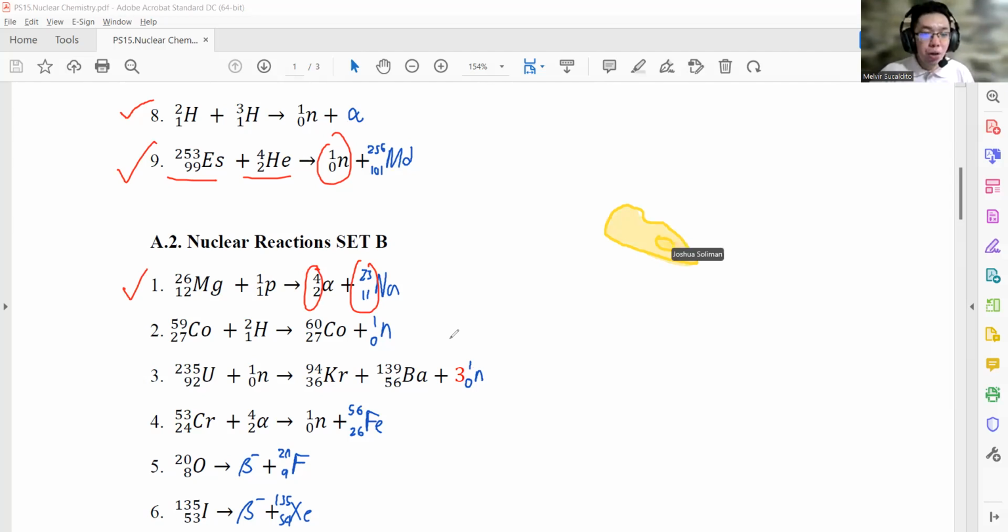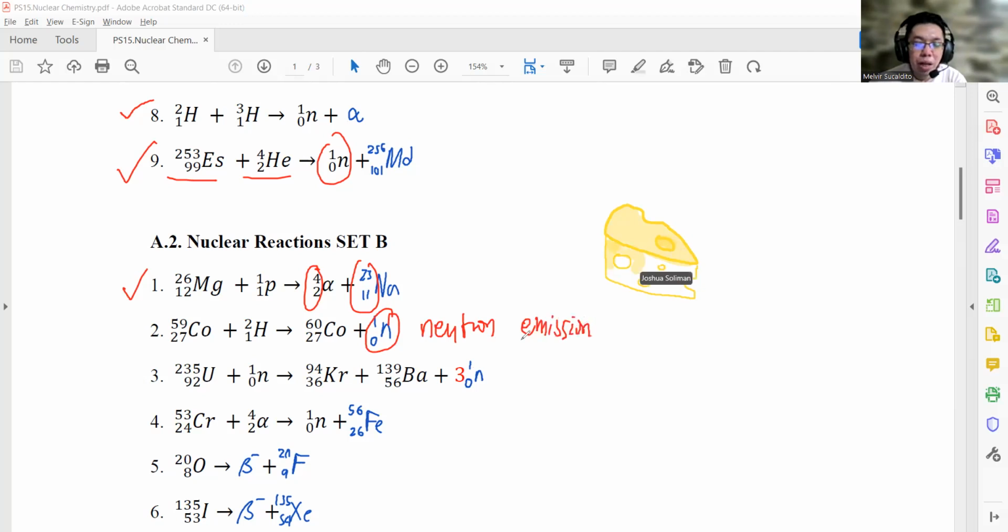nuclear reaction. And then for number 2, so when cobalt is reacted with deuterium, you form cobalt 60 and a neutron is released. So, ito neutron emission to. This is a neutron emission.